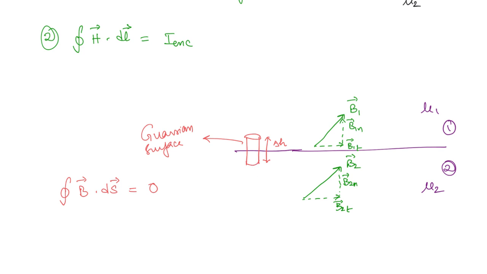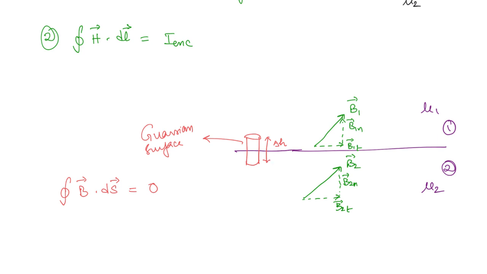Now this curved surface area, if you take in region 1, the tangential component is going to enter it perpendicularly, but it is entering and it is also leaving. So what will be the net flux? It is 0. Similarly, B2T is also entering and also leaving, so the net flux because of B2T is 0.